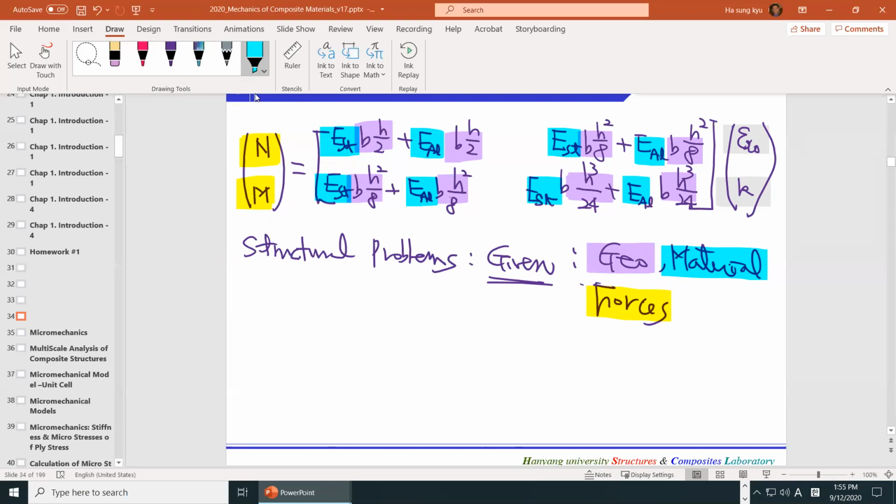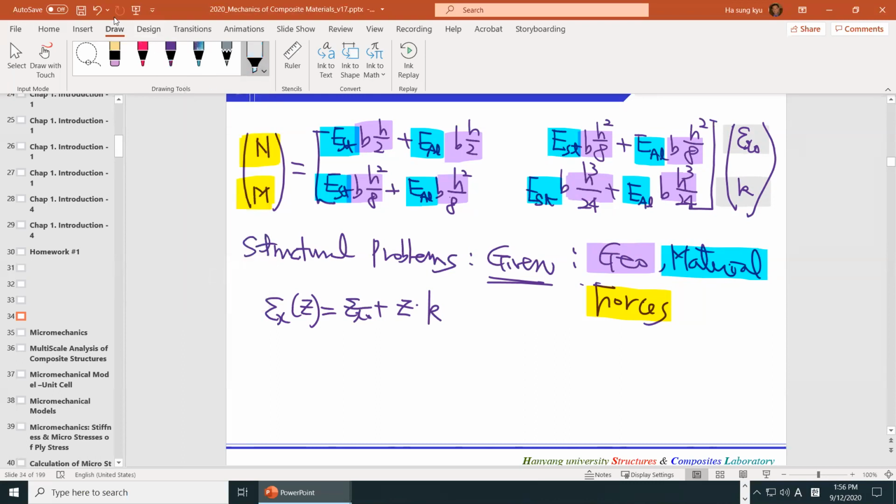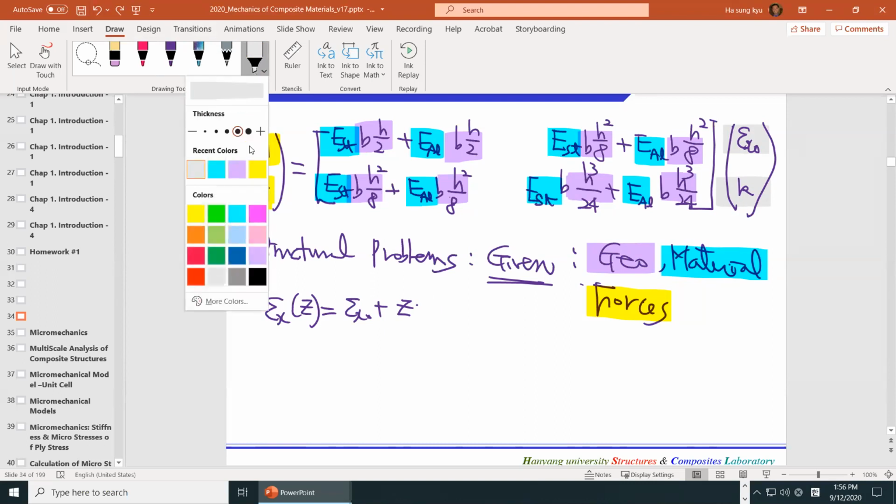And then we can solve the strain or deformation. As you remember, epsilon x, which is a function of z, is assumed to be epsilon x0 plus z times k. So out of these equations, we will have these terms.